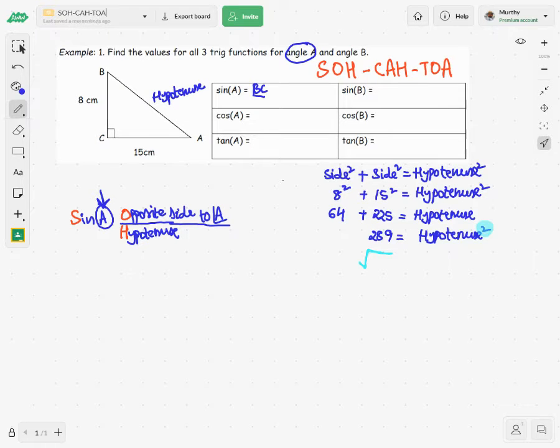So square root of 289. You may grab the calculator and compute the square root of 289. That gives you 17. So this is the value of the hypotenuse. Here let me take hypotenuse is 17.